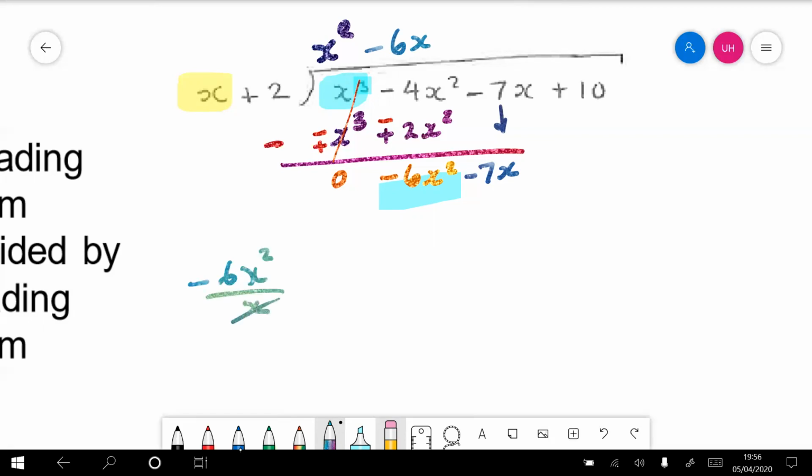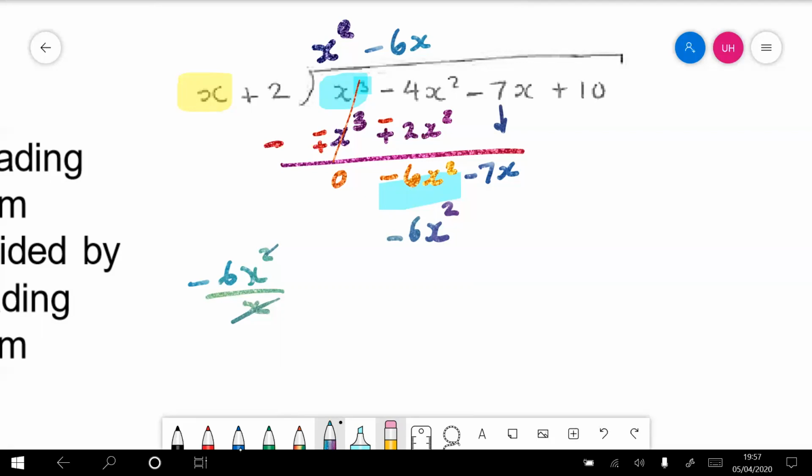This x can be cancelled with one of them here. So what we get is minus 6x. Now you multiply minus 6x by this yellow x. That will give us minus 6x squared.